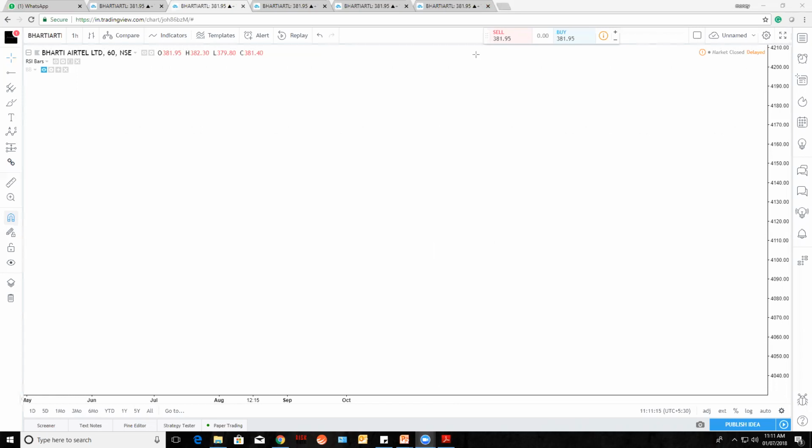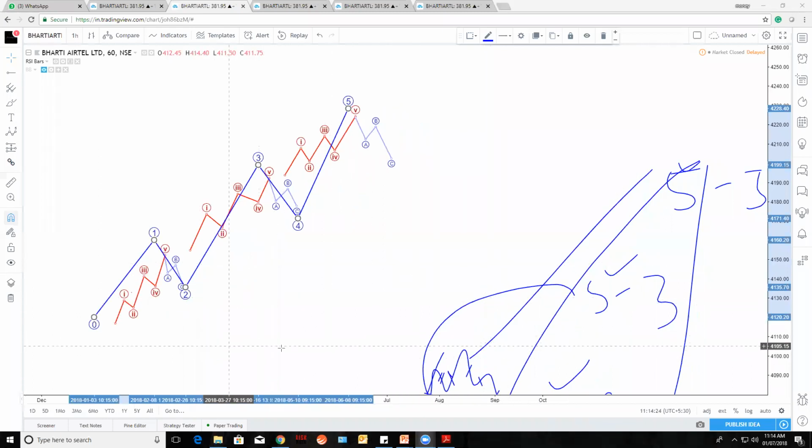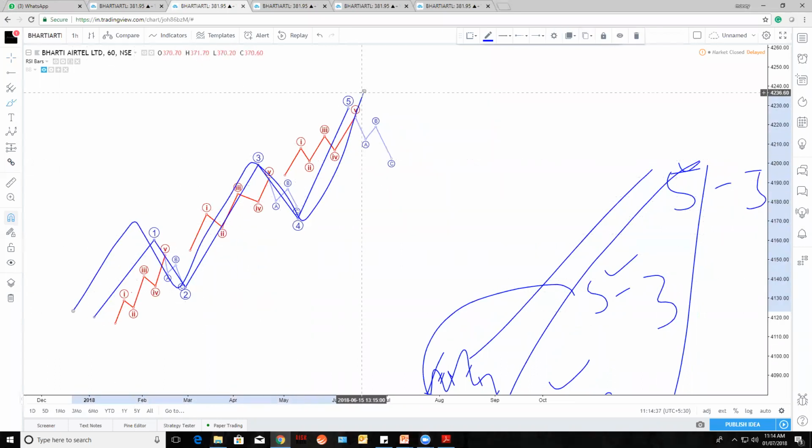Okay, one sec, guys. So this is a 5 3 5 3 5 structure. What is the 5 3 5 3 5 structure? 5 waves means internally it should have an impulse, right? For example, let's say this is wave 1, wave 2, wave 3, wave 4 and wave 5.